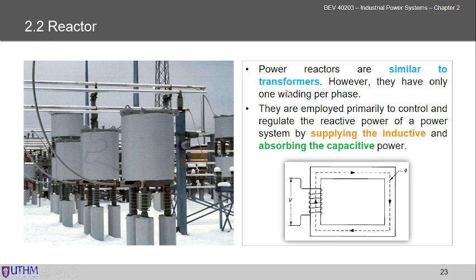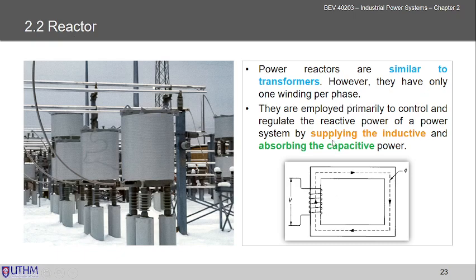It's very similar to the transformer, but if you look at the transformer construction, it has two windings, one primary and one secondary winding, either step up or step down. But the reactor only has one winding per phase, like this one.